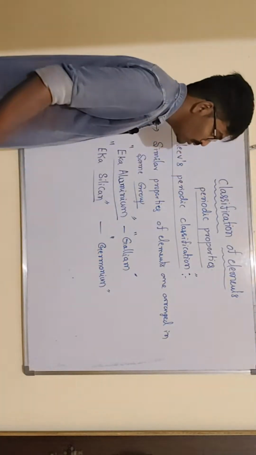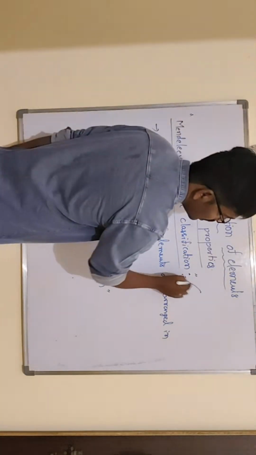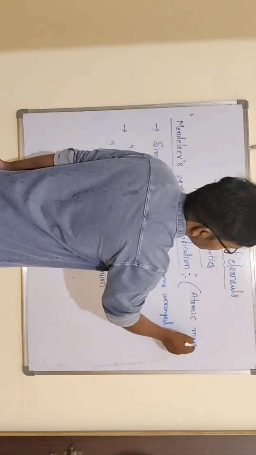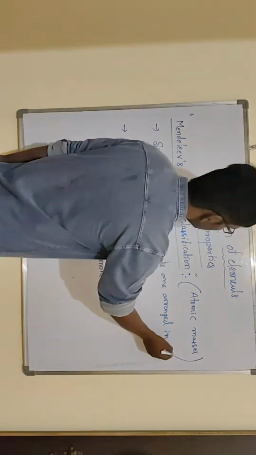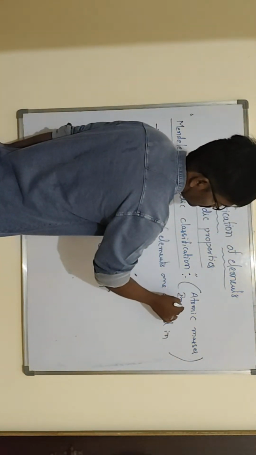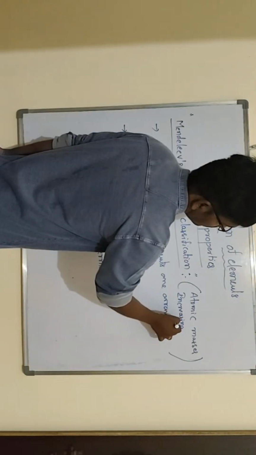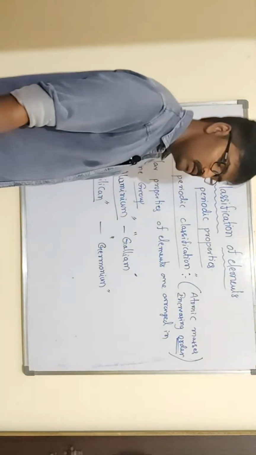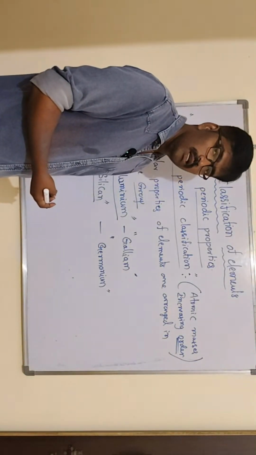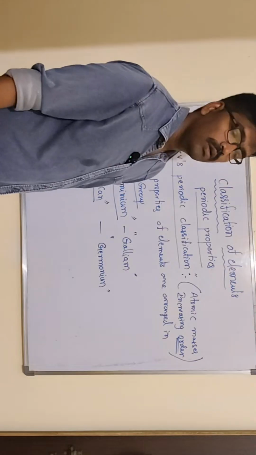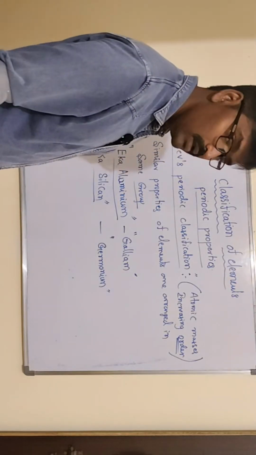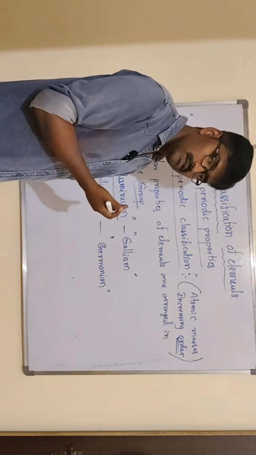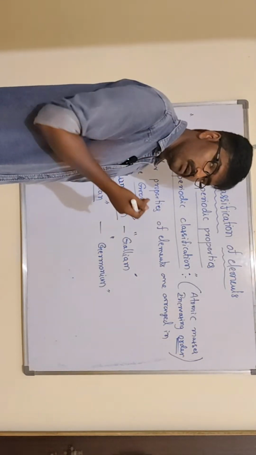Then I told that this classification is also based on atomic masses. The elements are arranged in increasing order of atomic masses. First the lower atomic mass elements, then the higher atomic mass elements. But in some cases, first the higher atomic mass is arranged, then the lower atomic mass.